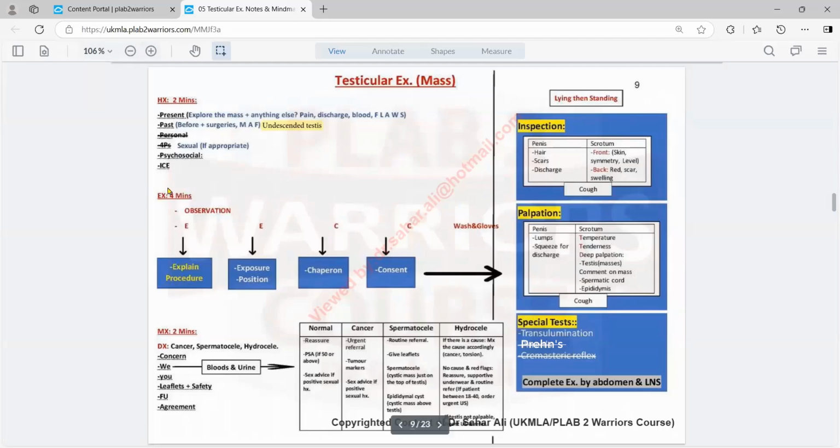Then you move on to the examination. Check the observations. Explain to the patient what you are going to examine. You tell him, I'm going to have a look at your genitalia or your private area. At some point, I will feel the organ, or I will feel your testicles, all right?